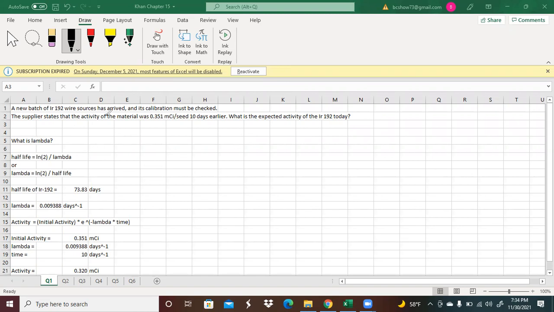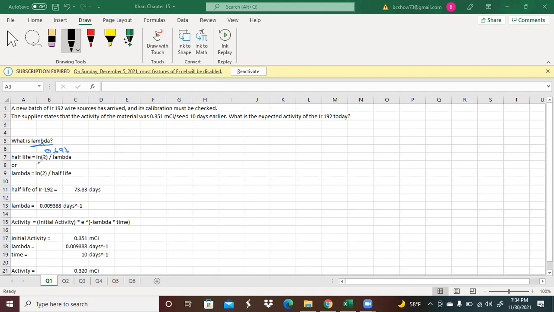Well, in order to be able to generate this, the first thing that we're going to need is going to be lambda. How do we generate lambda? Well, if you look through the PowerPoint that I had over this, you'll find out that the half-life is going to be equal to 0.693 on the top.